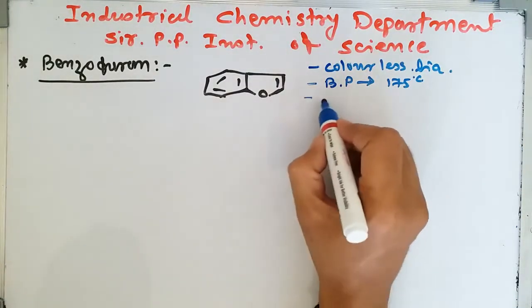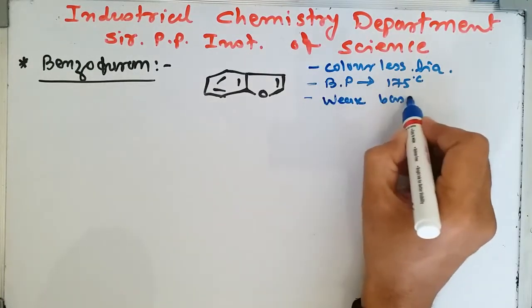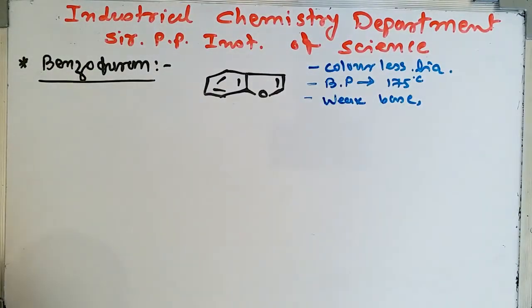It is a weak base and has aromatic properties. It is more stable than furan, and it undergoes substitution in position 2.